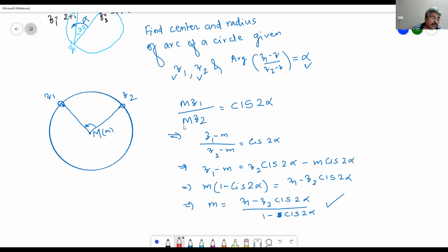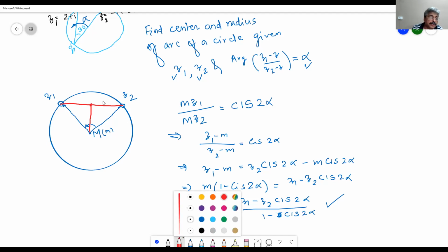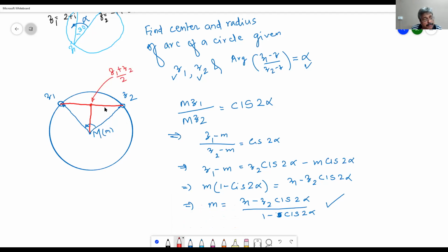But there is, I think, one more way of getting it. This point is going to be (z1 plus z2) upon 2, the midpoint. This is 90 degree. Is that correct? And this angle is going to be alpha.